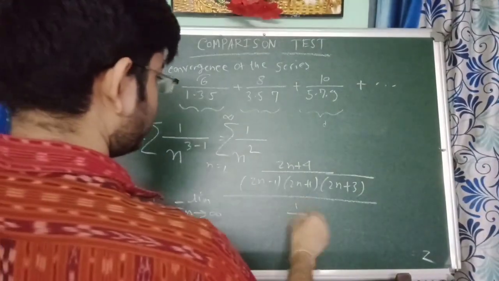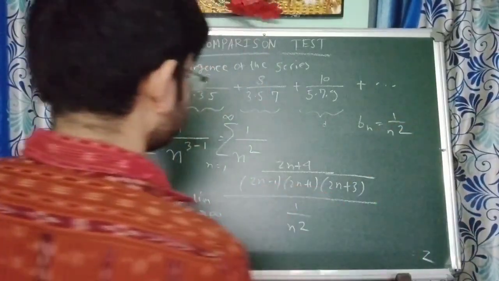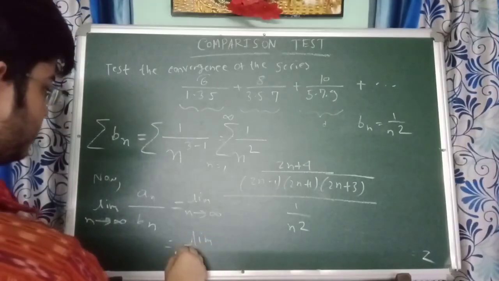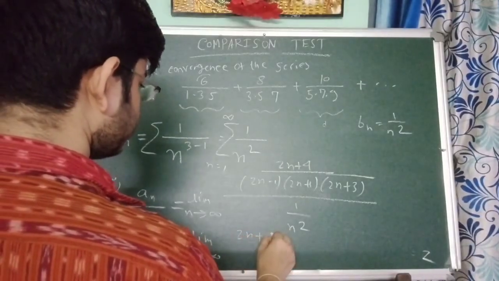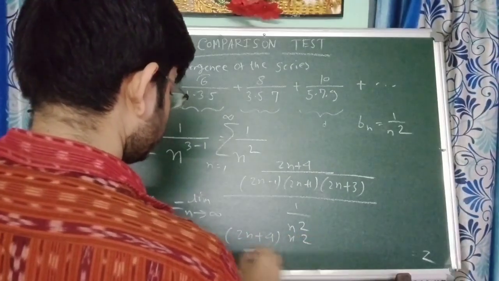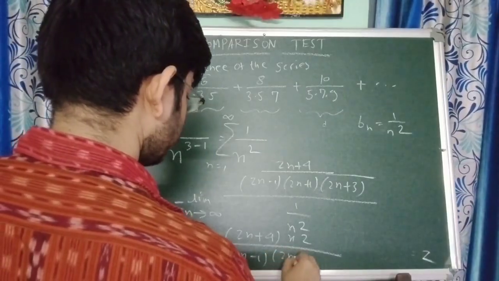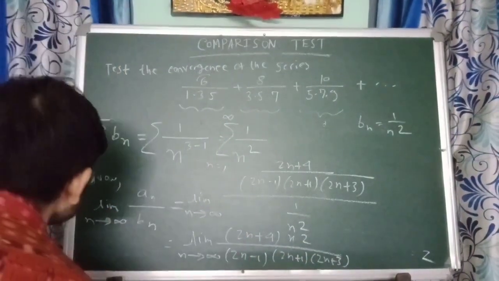Bn means 1 by n square. So calculate this. Limit n tending to infinity of 2n plus 4 into n square divided by 2n minus 1, 2n plus 1 and 2n plus 3.